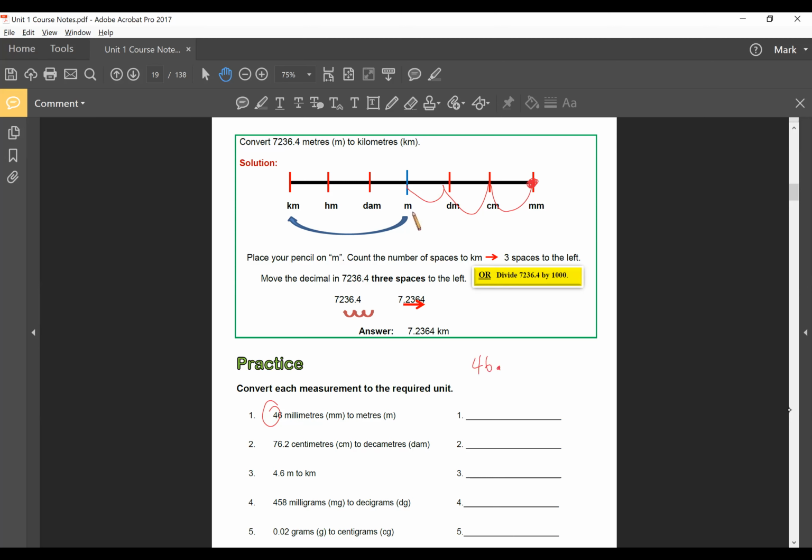The number 46 implies, and what I mean by implies is it's assumed, it's a given that the decimal is at the end of the number. So I'm going to go 1, 2, 3. Now there's an empty space there, so I put a 0. So my answer is 0.046 meters. And again, that makes sense. Millimeters is such a small unit, so the meters should be really small.